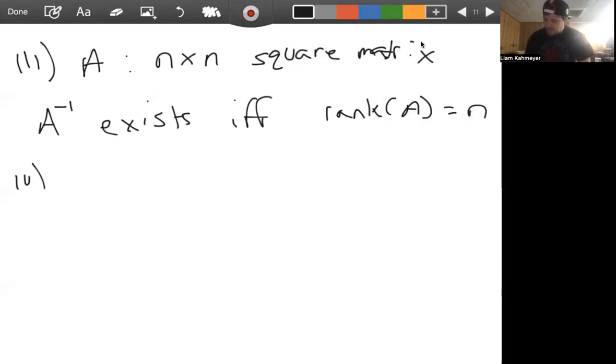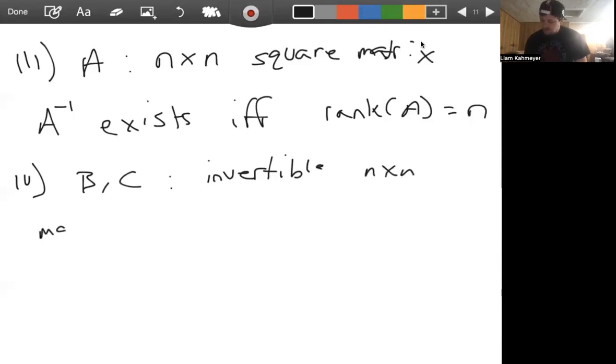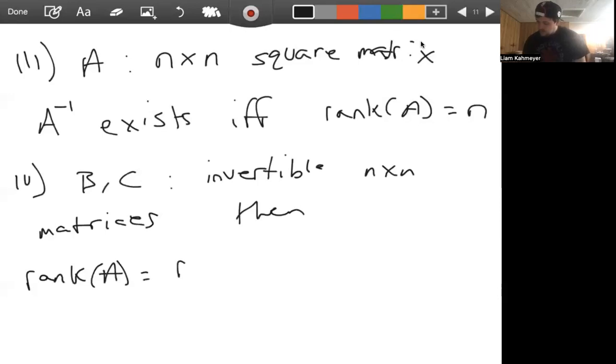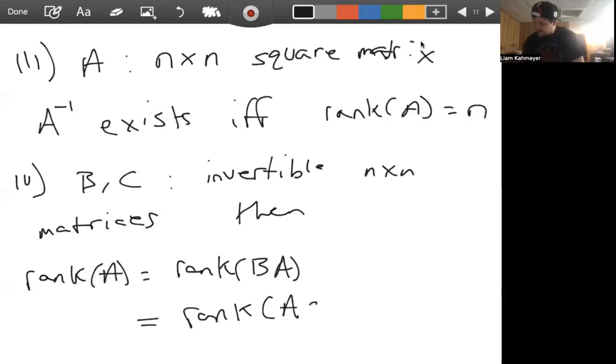Lastly, if B and C are two invertible N by N matrices, then the rank of A is the same as the rank of BA, which is the same as the rank of AC.